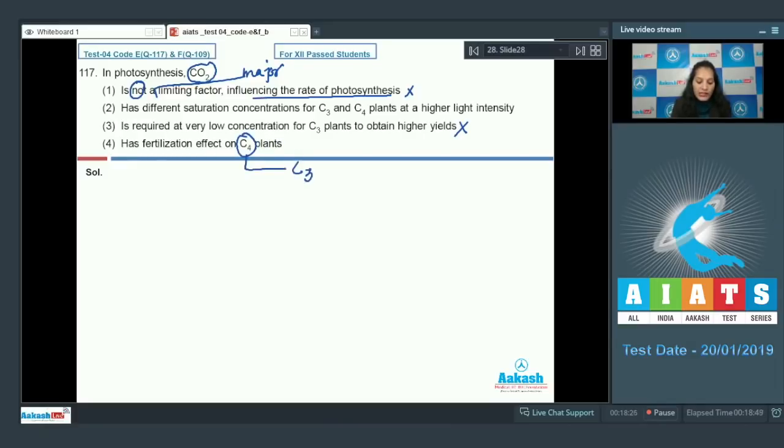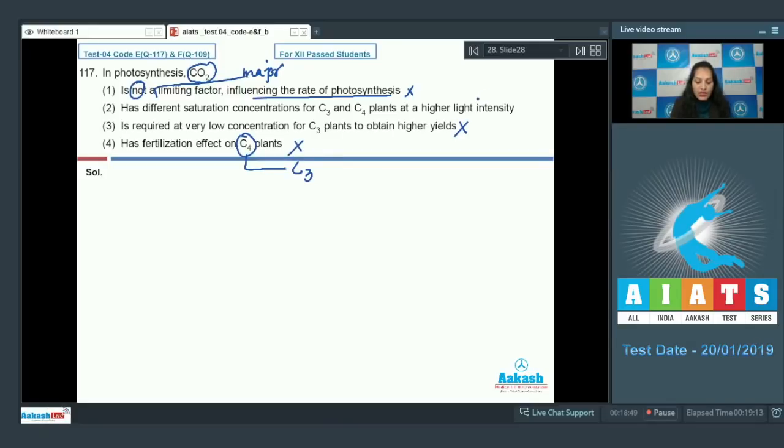No, the fertilization effect can be seen on C3 plants. So what is fertilization effect? By increasing the concentration of CO2, we can increase the yield of C3 plants. This is called CO2 fertilization effect, which is seen in C3 plants only, not in C4 plants. So this option is also ruled out.